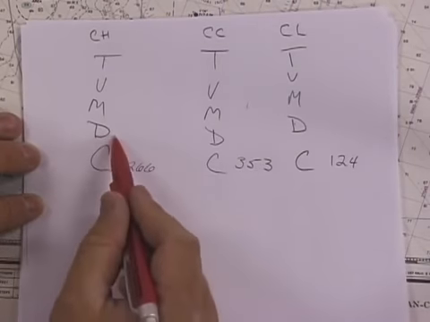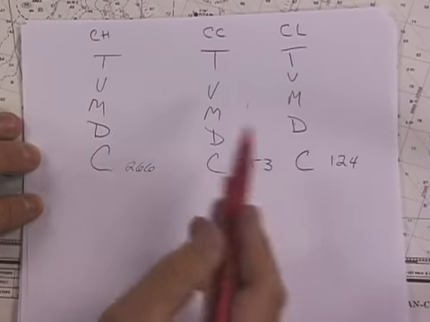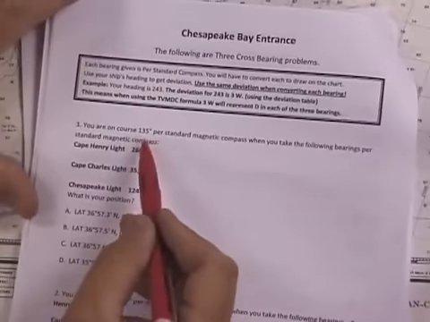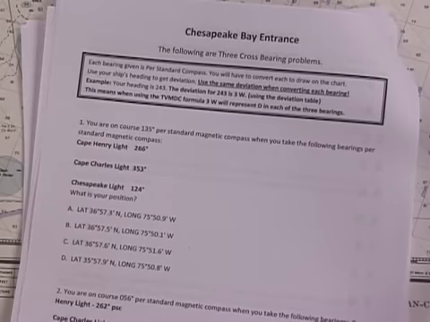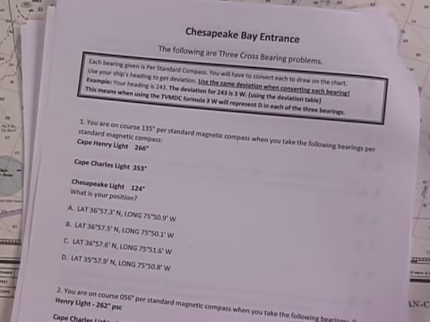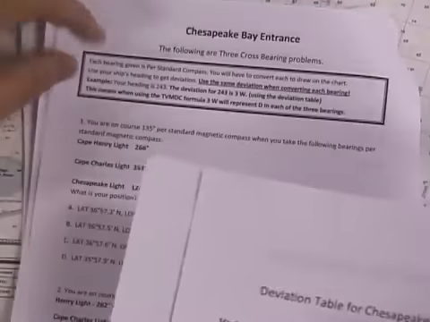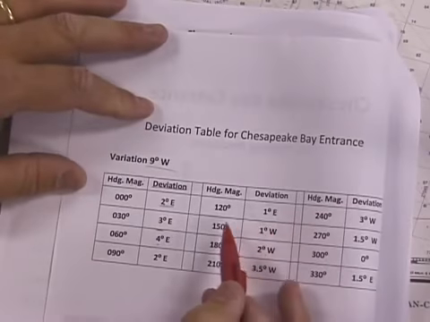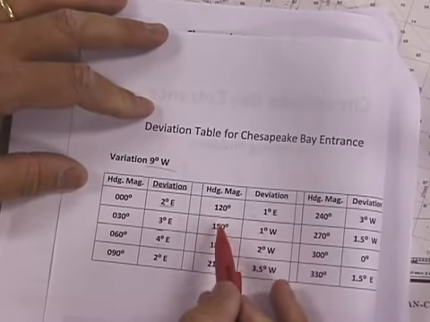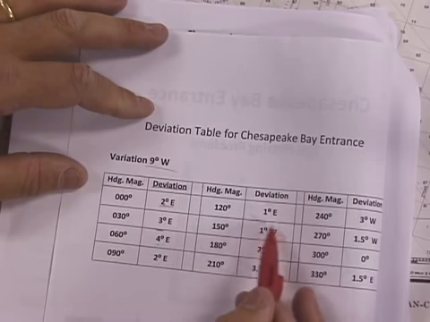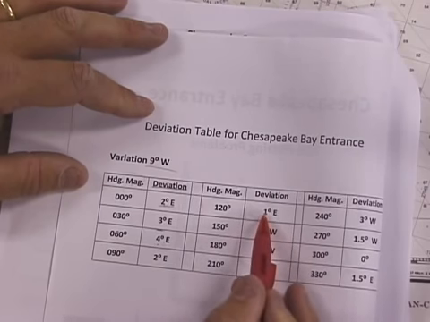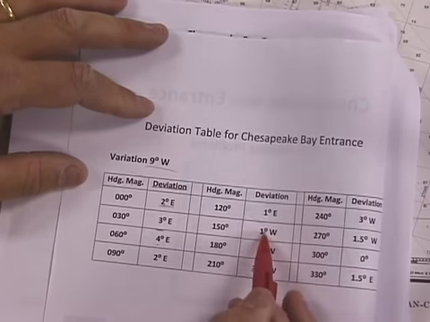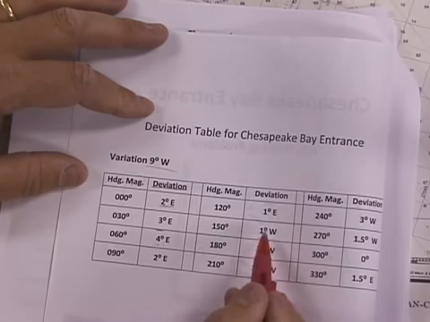Our deviation is not on these. Our deviation is on our heading of 135. So we're going to go in the deviation table, Chesapeake entrance, and our course is 135. 135 falls in between 120 and 150, and here's one of those interpolations. 120 is 1 east, and 150 is 1 west.